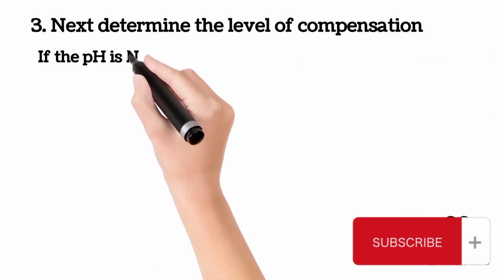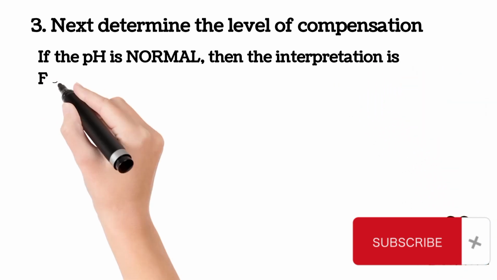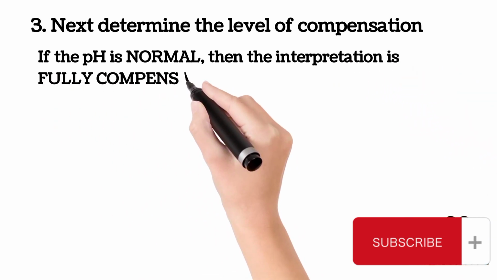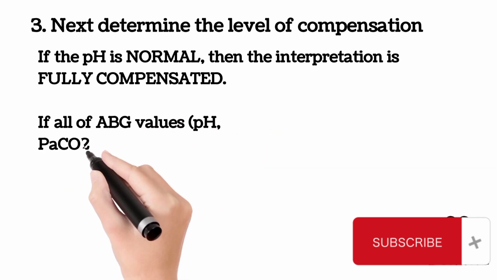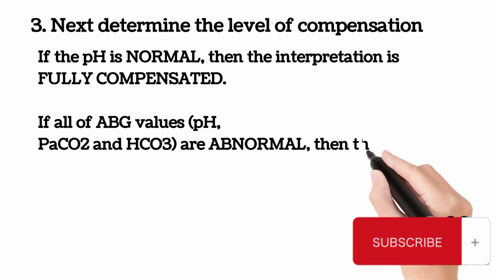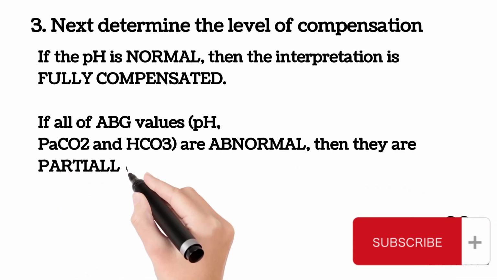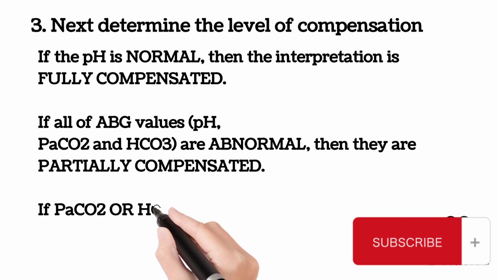Third, determine the level of compensation. If the pH is normal, then the interpretation is fully compensated. If pH, PCO2, and HCO3 values are abnormal, they are partially compensated. If PCO2 or HCO3 is normal and pH is abnormal, then it's not compensated.